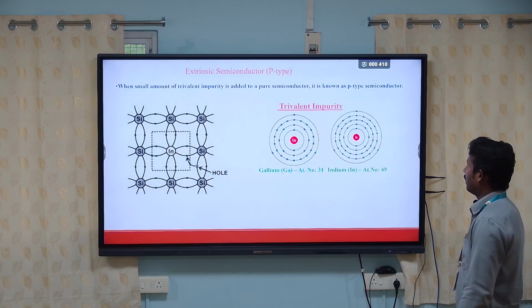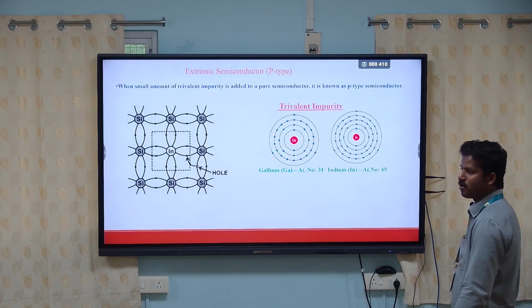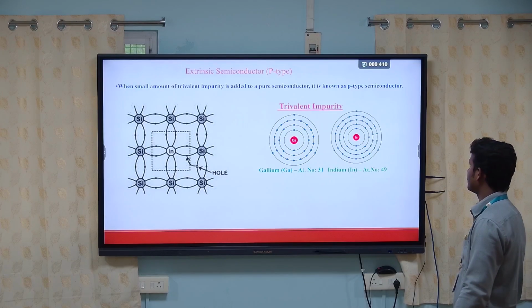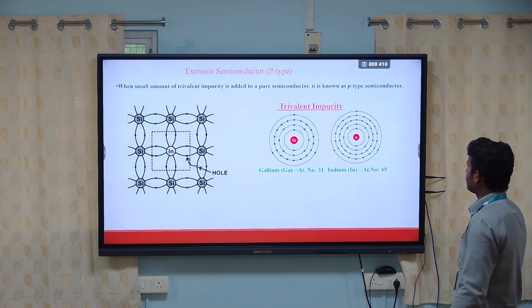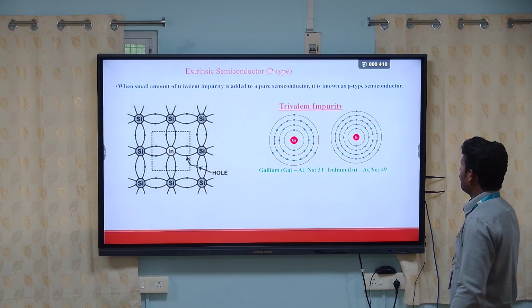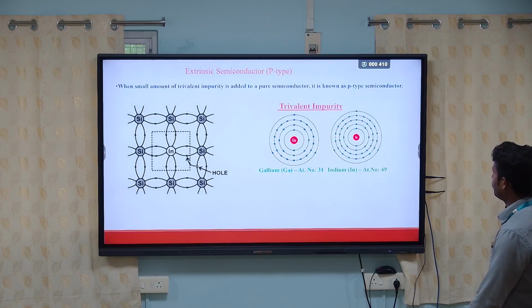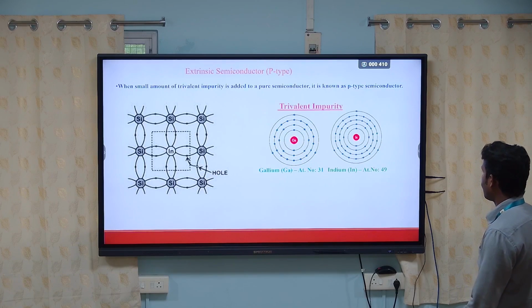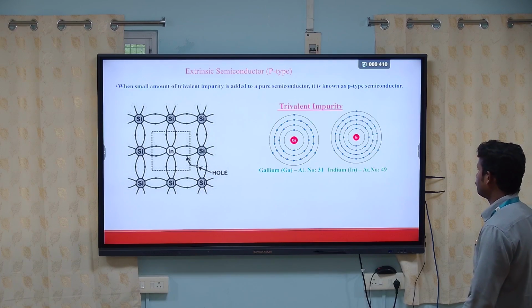Next, P-type semiconductor. When a small amount of trivalent impurity is added to a pure semiconductor, it is known as a P-type semiconductor. The trivalent impurity is generally called an acceptor impurity. The examples for trivalent impurities are gallium and indium. If you look at the electronic structure of a trivalent impurity, the outermost orbital has 3 valence electrons.